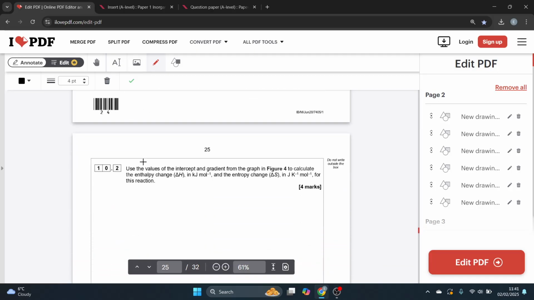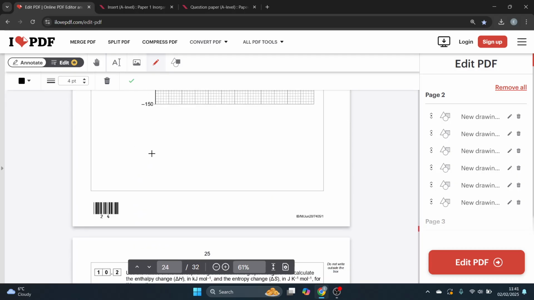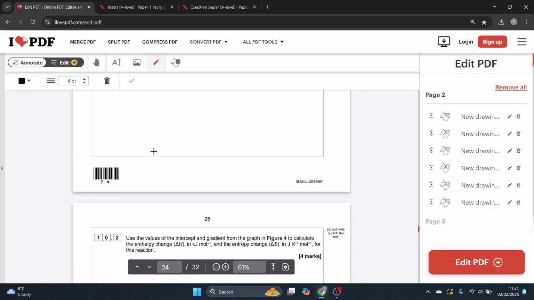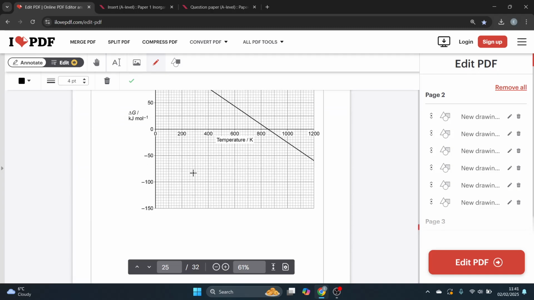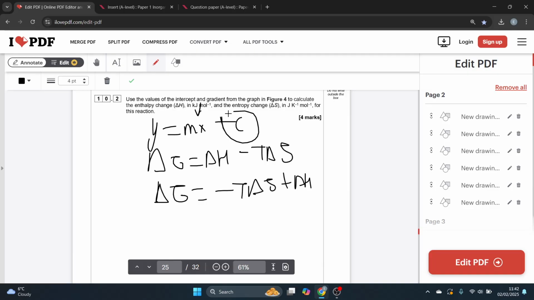So I know delta H, because delta G is delta H minus T delta S. First thing I would do is y equals mx plus c, because it's a straight line graph. Delta G equals delta H minus T delta S. But there's something wrong, because that's minus T delta S, so I'm going to rearrange it. Delta G equals minus T delta S plus delta H. So I can clearly spot this is delta H. So delta H equals c.